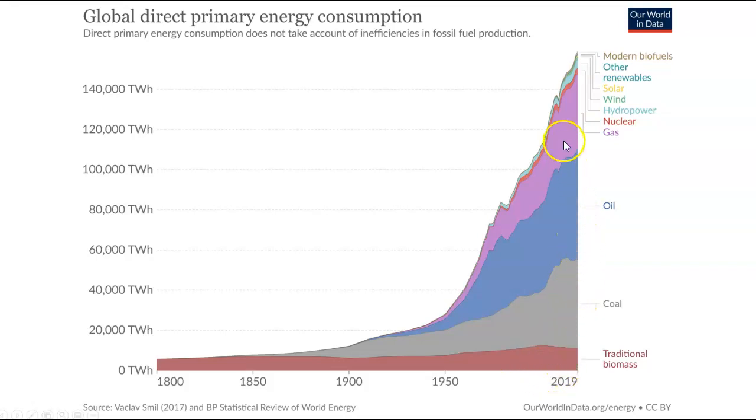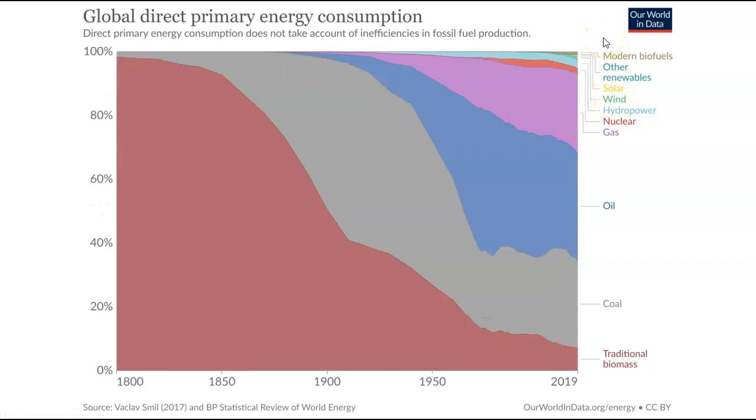Coal, oil, and natural gas. So coal and oil are the biggest ones, and they are the worst. Gas is third. And we see also the other sources, so the low carbon sources here: nuclear, hydropower, wind, solar, etc. We can also look at this perhaps in this way, so we can more easily see the shares.